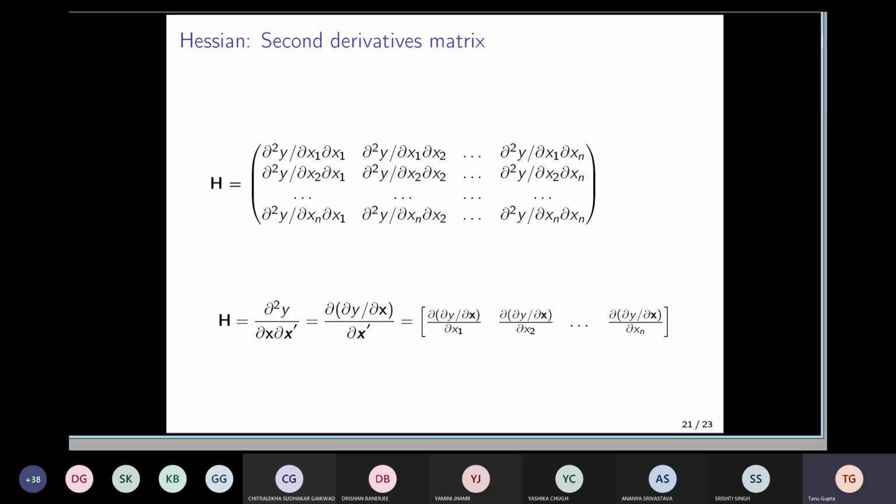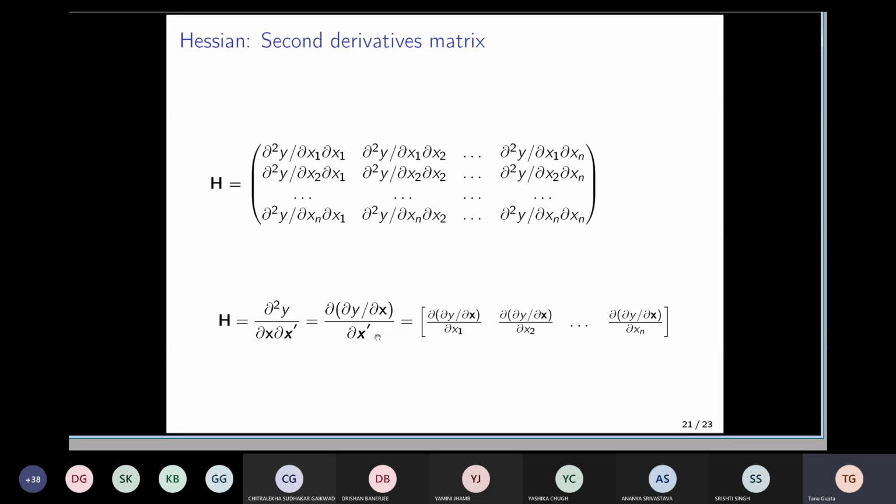Okay. So effectively, firstly we are finding the partial derivatives with respect to each. We find this partial derivative del y by del x, and it will be a column vector. Then we differentiate it with respect to x prime, because we have already done it with x.